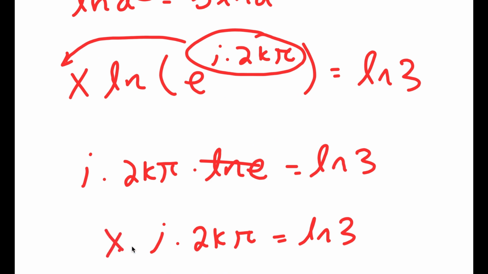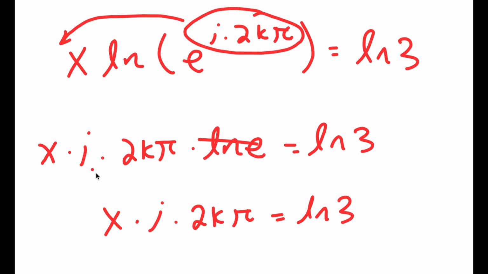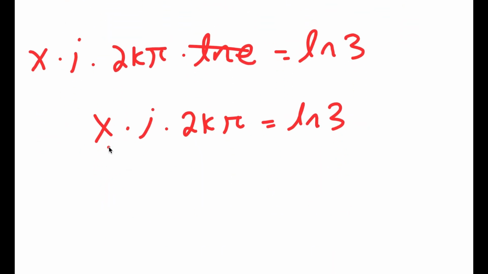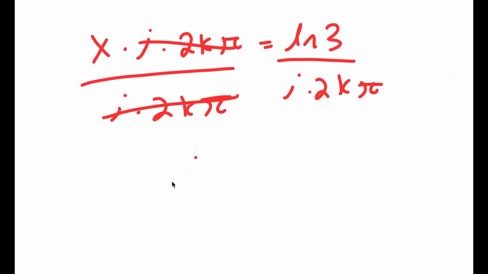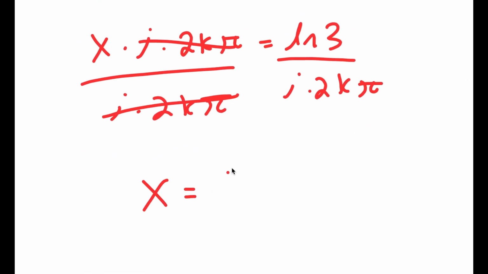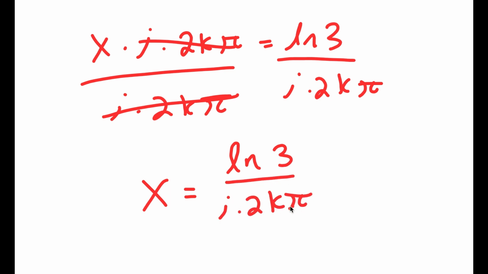Sorry, and I also have x. Now I'm going to divide both sides by i times 2k pi. So when these cancel out, I get x is equal to ln 3 over i times 2k pi.